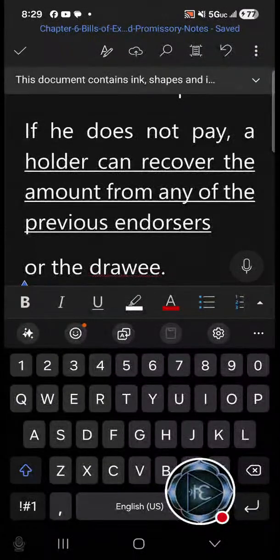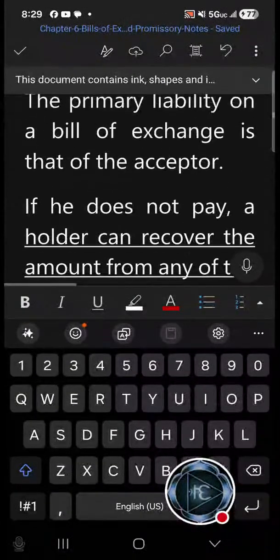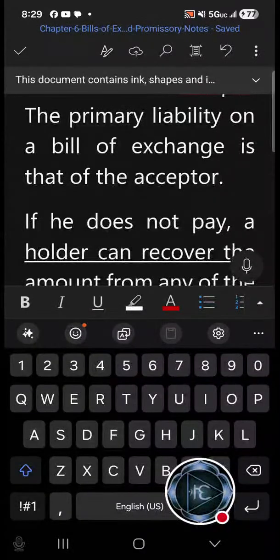If he does not pay. The primary liability on a bill of exchange is that of the acceptor.